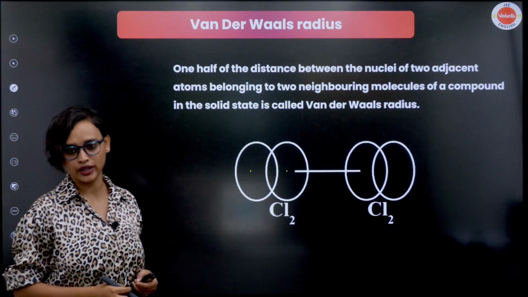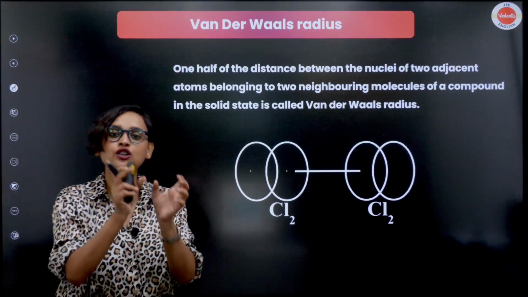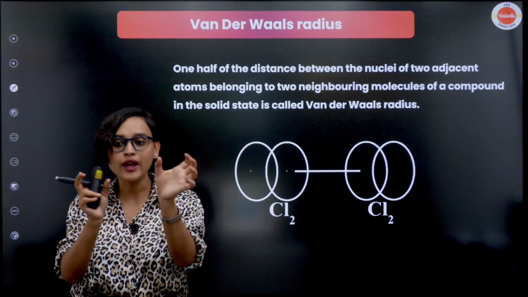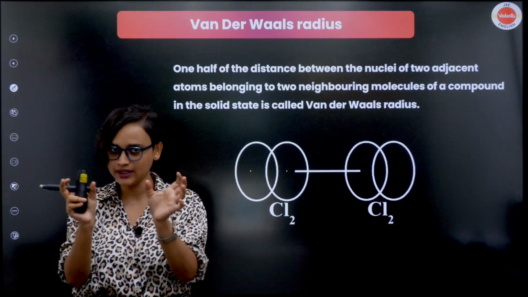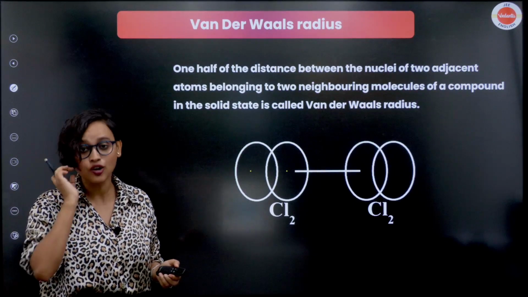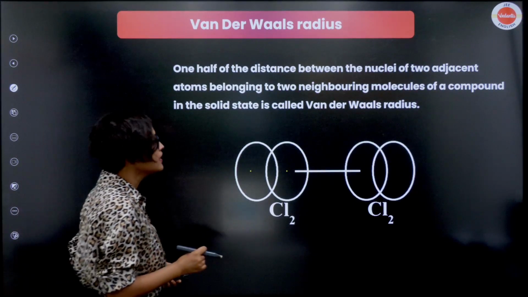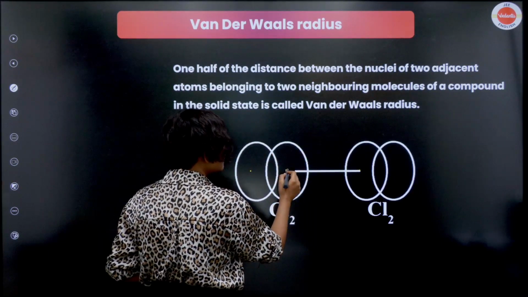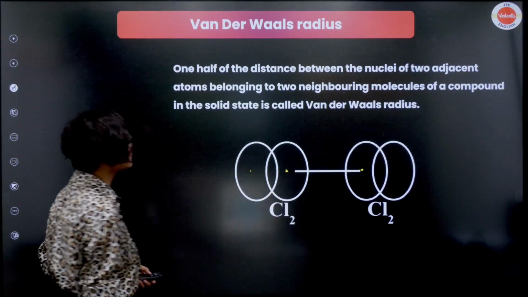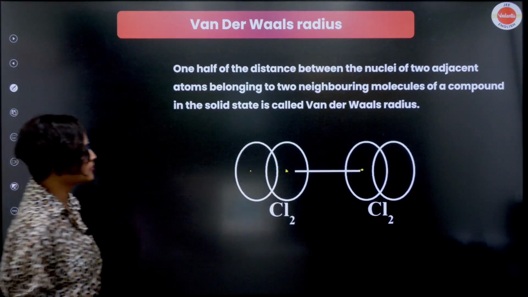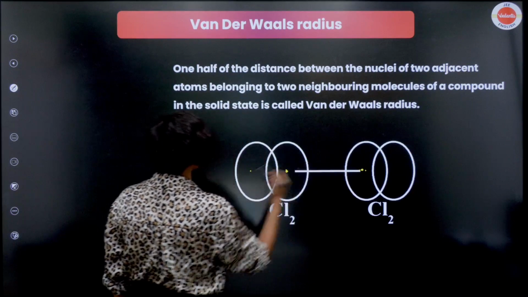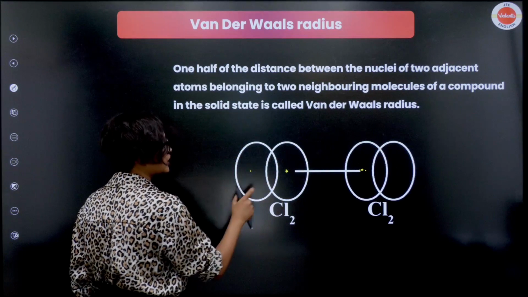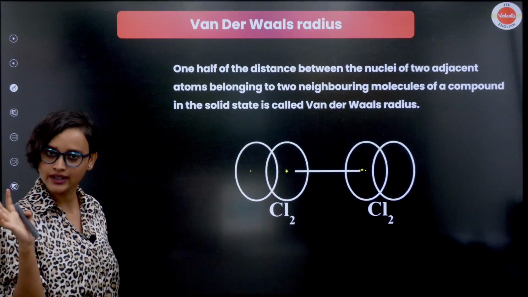So instead we take two adjacent atoms belonging to two neighboring molecules of a compound in the solid state, and measure the distance between them. Half of the distance between the nuclei of two adjacent atoms belonging to two neighboring molecules of a compound in the solid state is called the van der Waals radius.